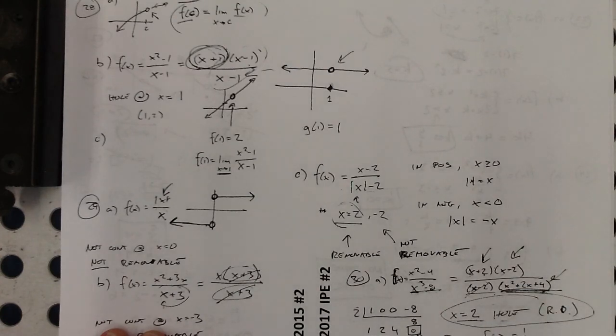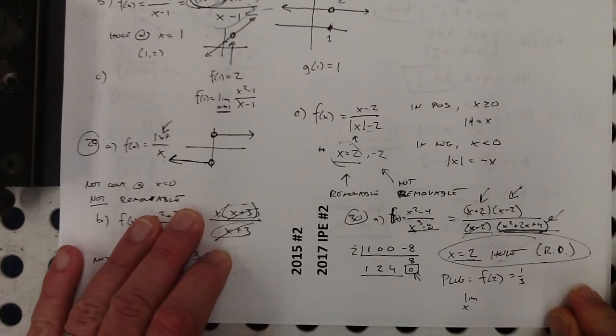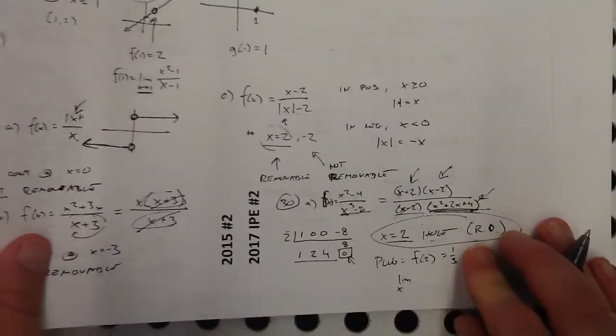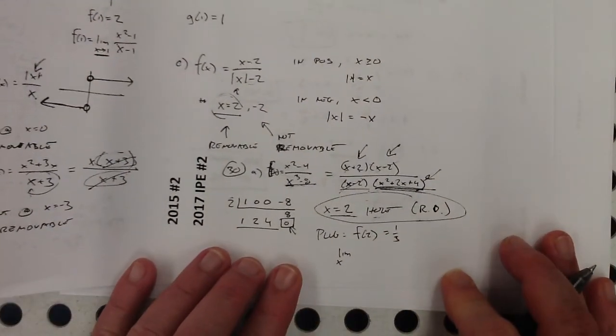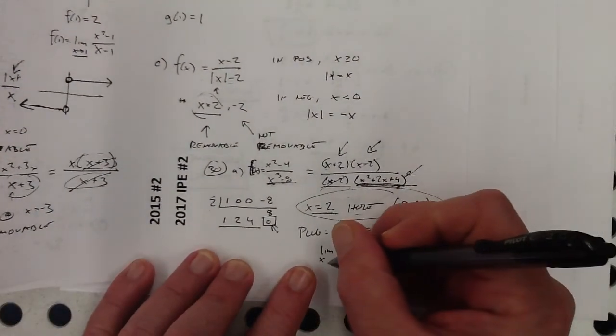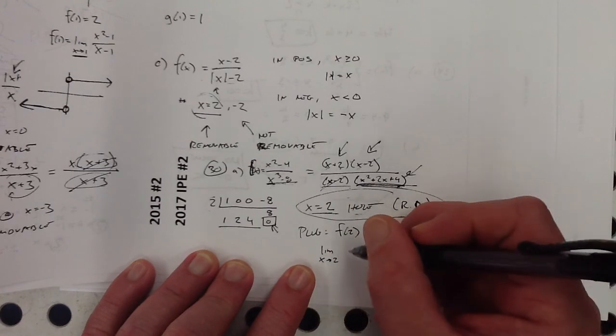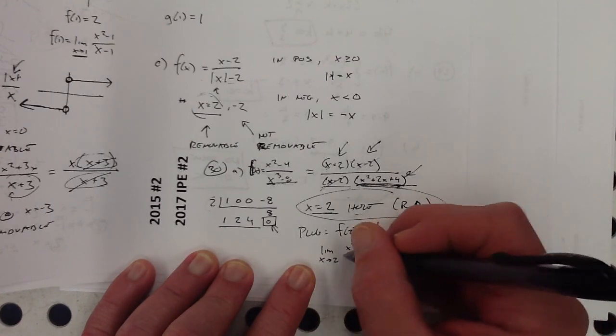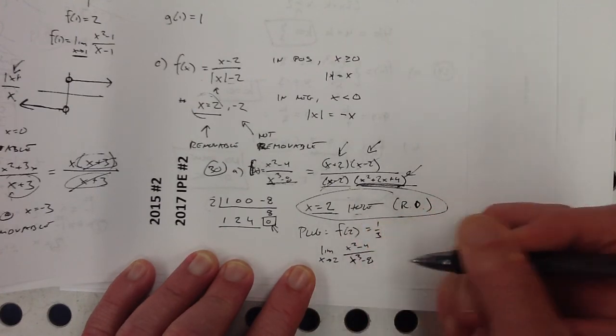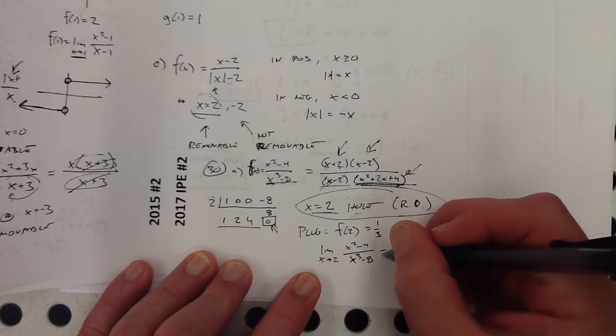In other words, I'm really just finding the limit as x approaches 2 of x squared minus 4 over x cubed minus 8. Factor and cancel. Plug it in. You get 1/3.